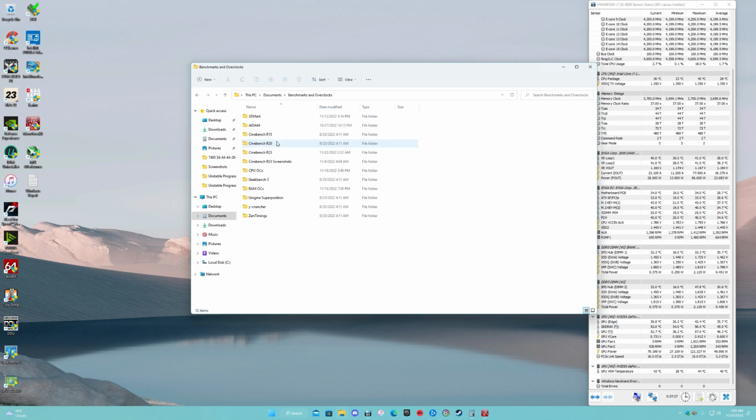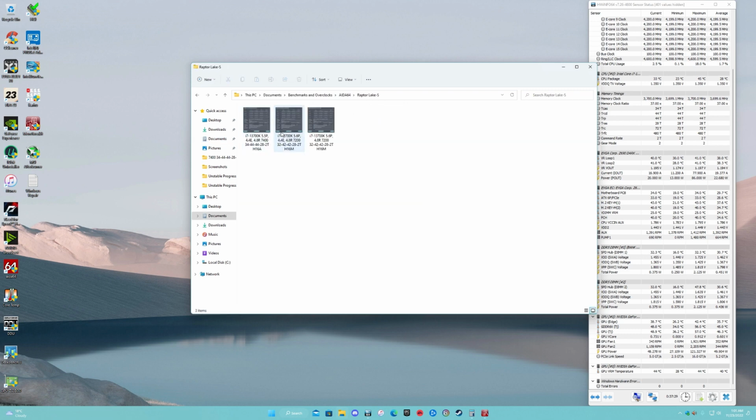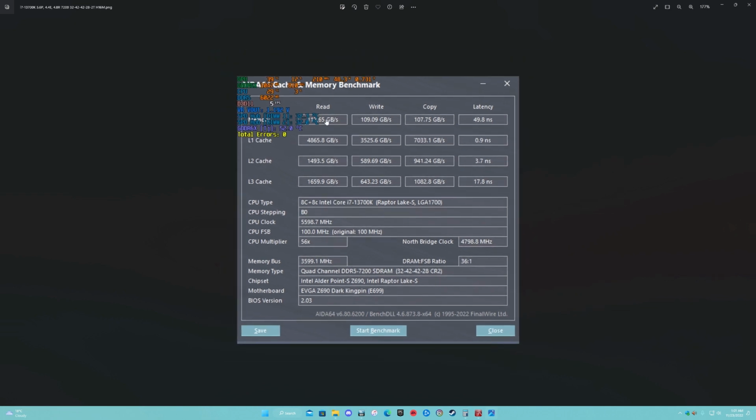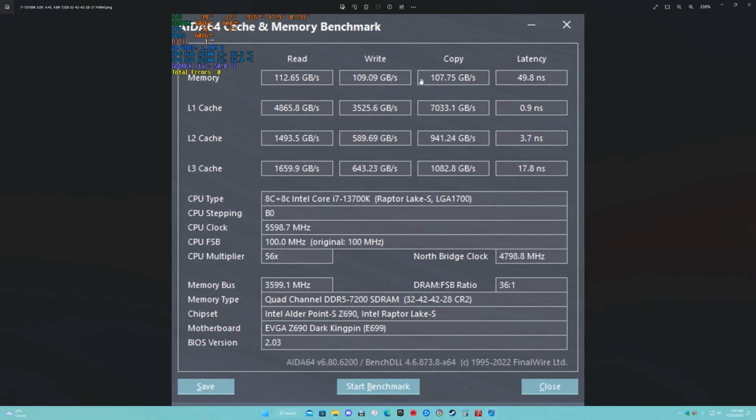If I go to AIDA Raptor Lake S, we can check it out. Now, I will say 7200 has a slightly faster CPU, but it won't matter too much. So 49.8 nanoseconds on 7200 C32, as I'm sure I've shown before. Check read and write speed.